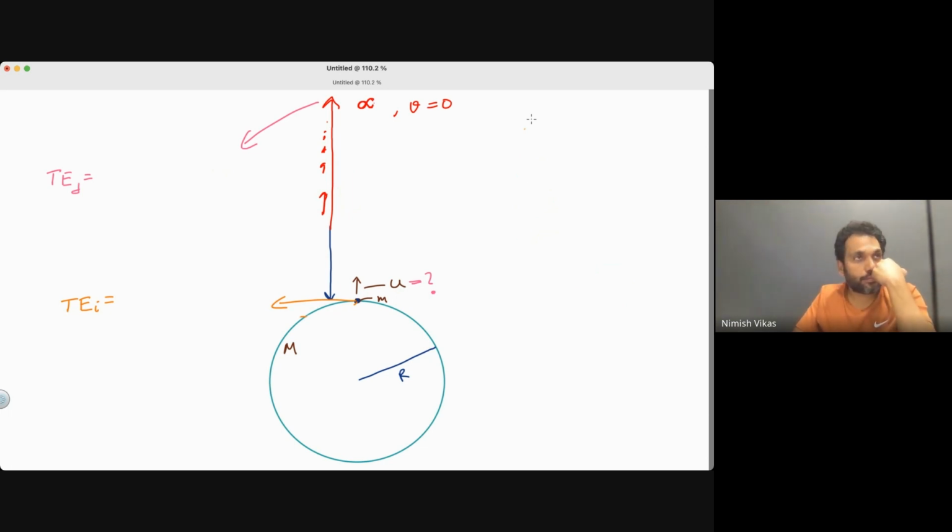Is that clear? Theoretically, whether infinity is debatable or not, the sense is that it has reached far, far away, escaped the gravitational influence of that planet totally, and it will keep on going with whatever velocity it remains with, and never ever come back.